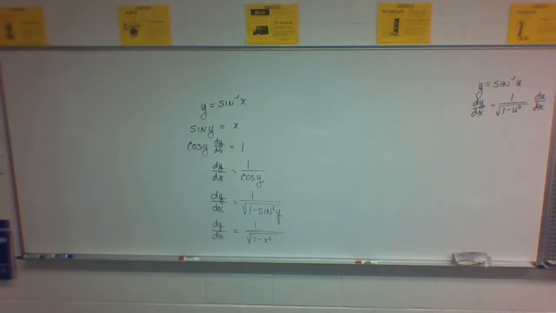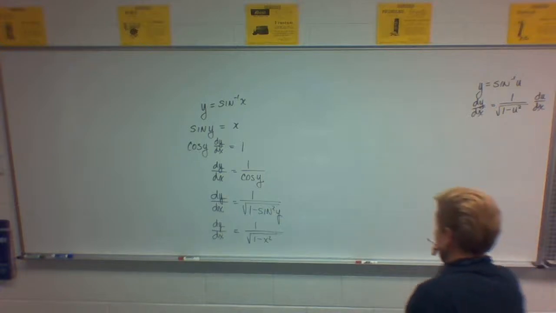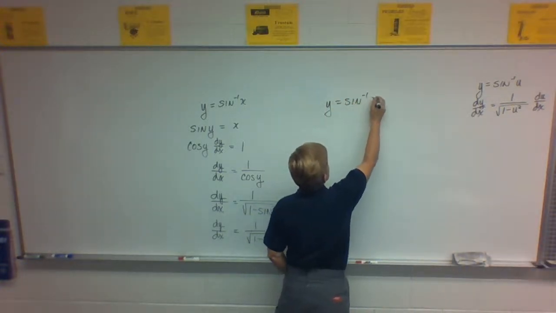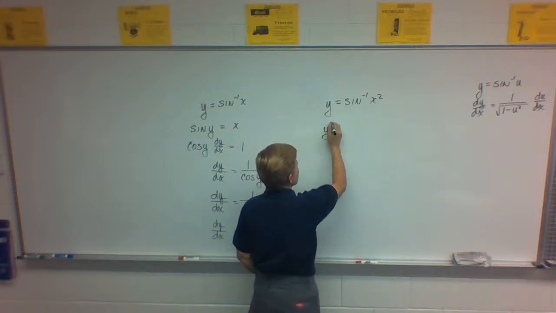It says, find the derivative of inverse sine of x squared. So this is our function, y equals inverse sine of x squared, and we're going to say that y prime is what?